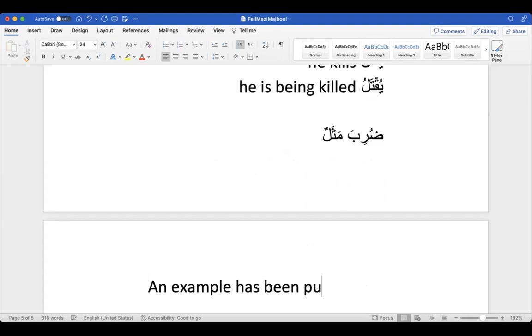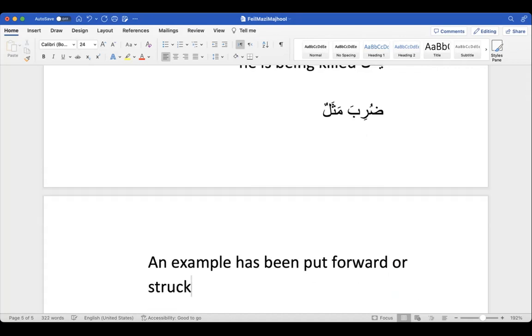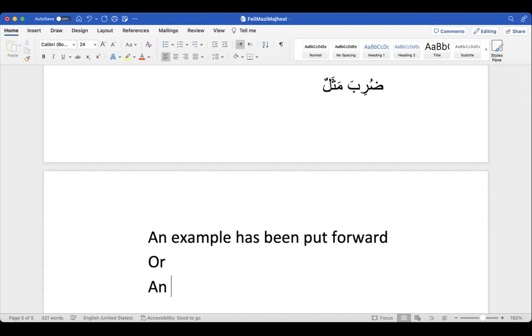Has been put forward. Or you can say, an example was struck, because it's past tense.